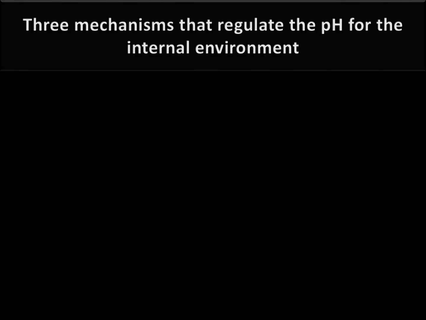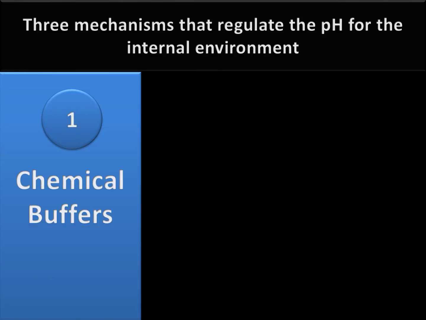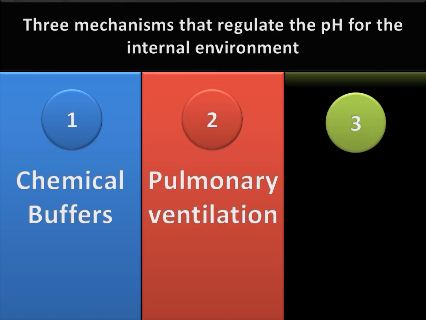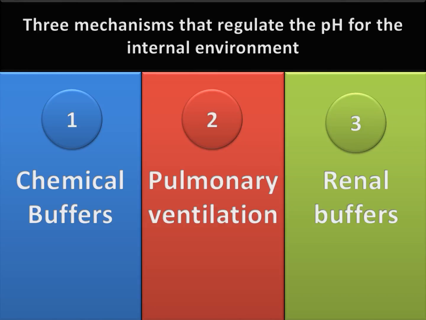There are three mechanisms that regulate pH of the internal environment: chemical buffers, pulmonary ventilation, and renal buffers. In the textbook, there's a very broad explanation of each of them, but for this subject, you will only have to name these three mechanisms.